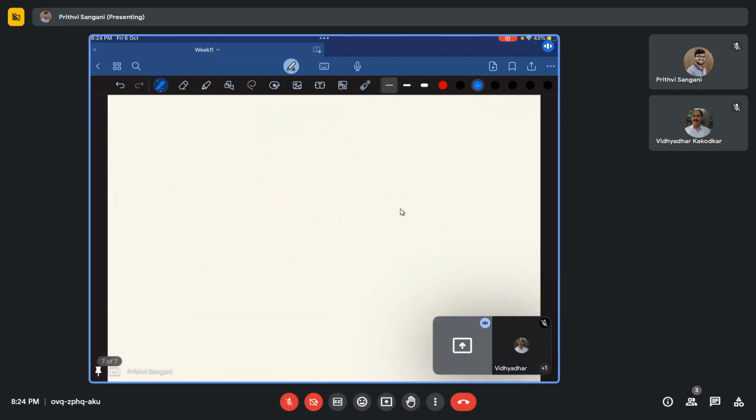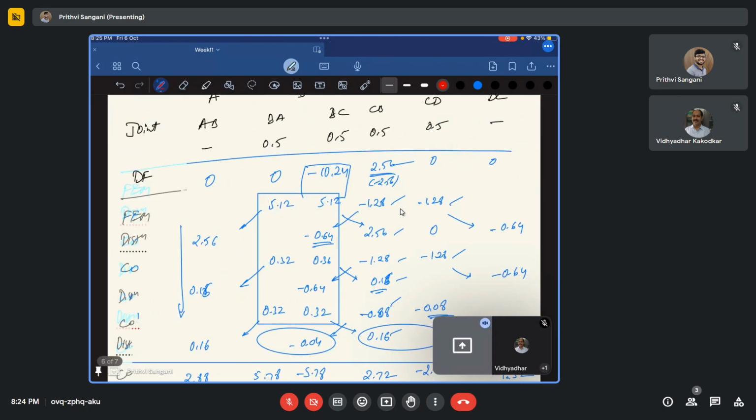Okay, let me just redraw everything again. So we have obtained what is going to happen. We have understood what is going to happen at each one. So let me just draw the free body diagram. This is my A, B, C, D. Now at A, what did I obtain?